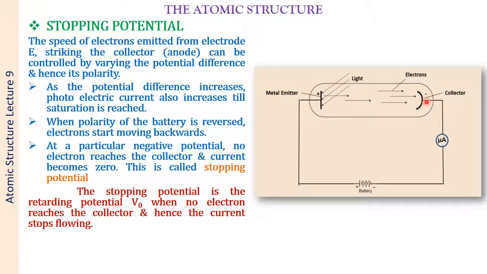This value of voltage at which no electrons can reach the collector is called the stopping potential. So what is stopping potential? The stopping potential is that retarding potential, V naught, when no electron reaches the collector and hence the current stops flowing. I hope it is clear what the stopping potential is.